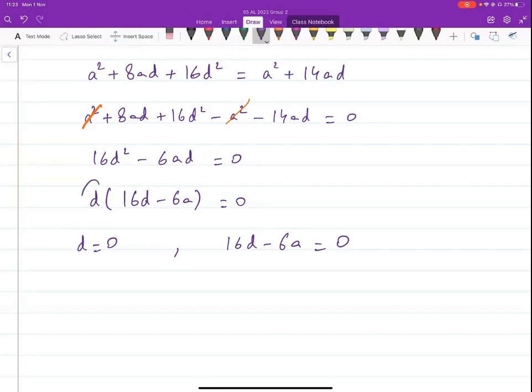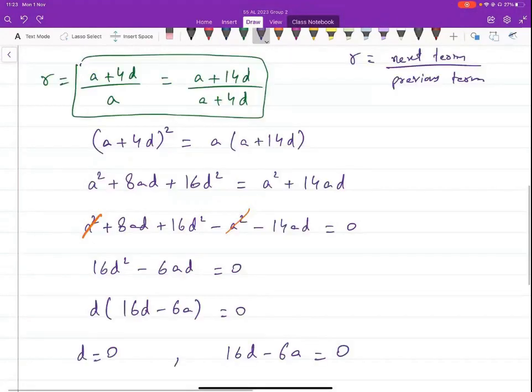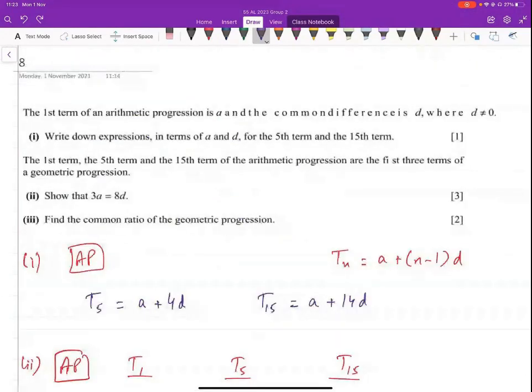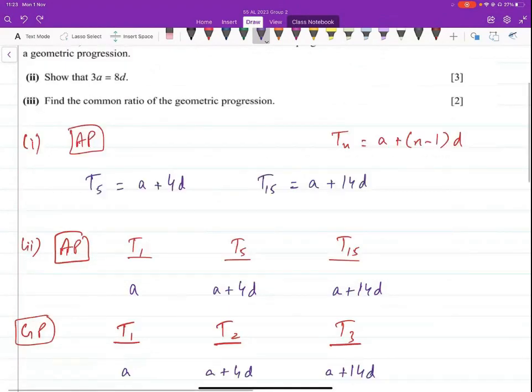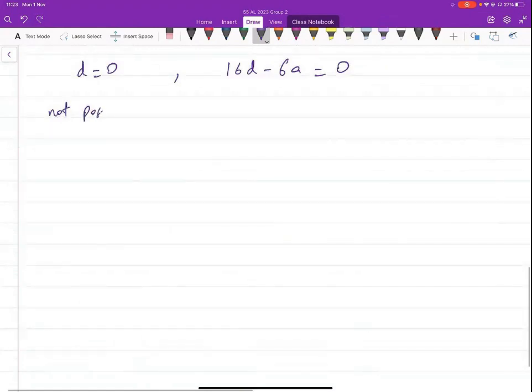That means either the first one is 0 or the second one is 0. One of the two has to be 0. So D equals 0. If the difference is 0, then it's the same term being repeated. And we were given that D is not equal to 0. So we ignore that possibility. We say this is not possible because we were given that D is not equal to 0.